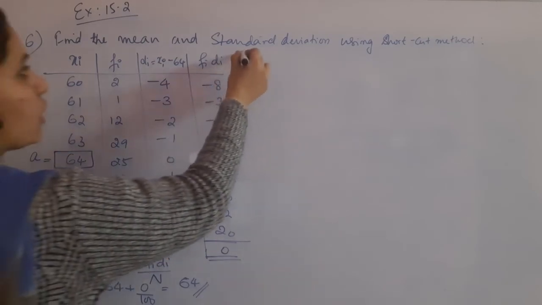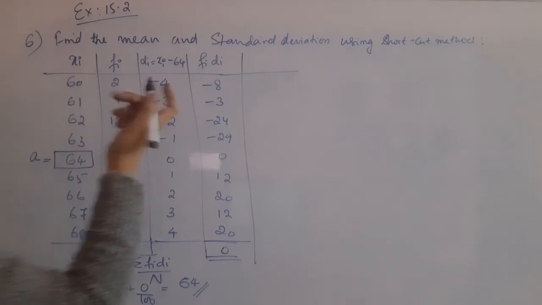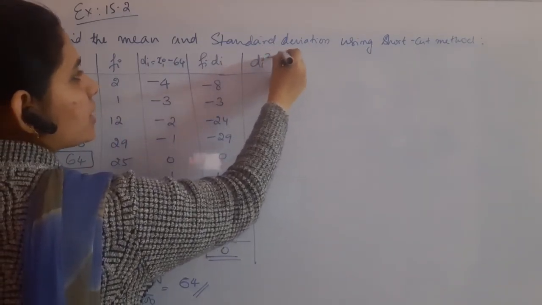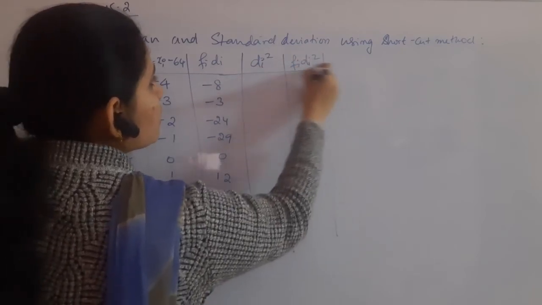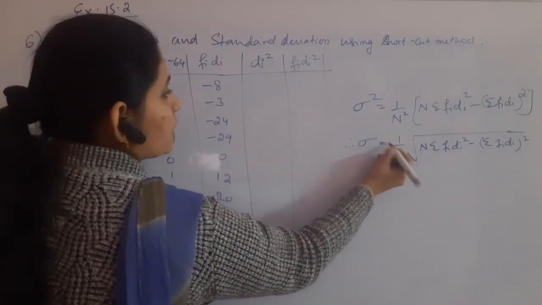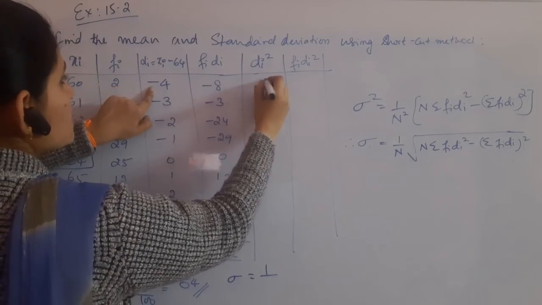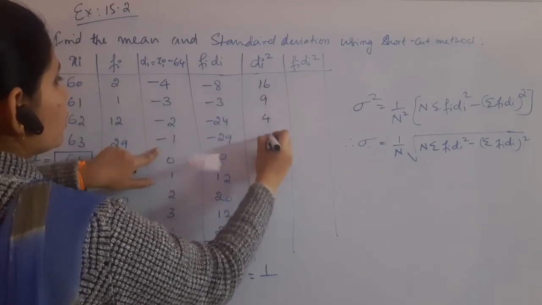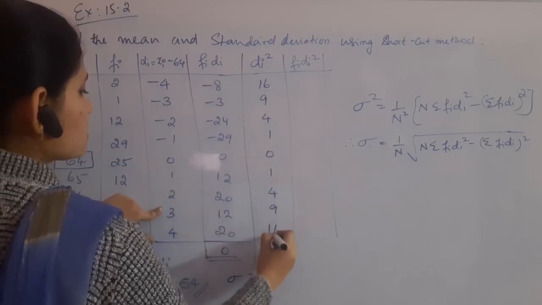That means the columns you need here are fi di, which you have already found, and next di square and fi into di square. These are the columns which you need. So using this formula we are finding sigma. Di square will give you 16, 9, 4, 1, 0, 1, 4, 9 and 16.